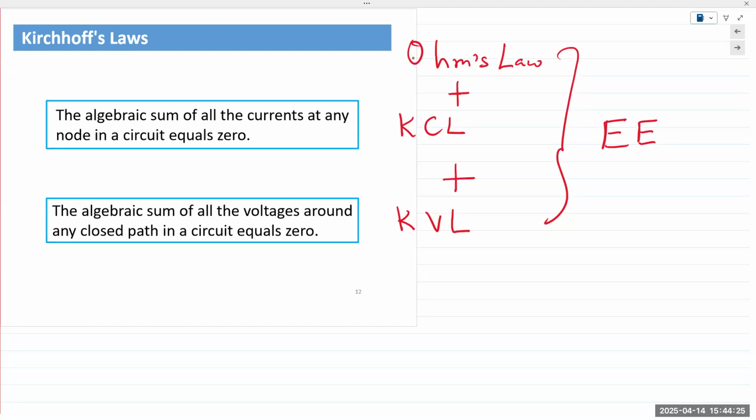Voltage law states that you can pick any electrical loop with multiple components. If you algebraically sum up the voltages in that electrical loop, they will always sum up to zero. Okay, so let's look at the mathematical equations we can write based on these.